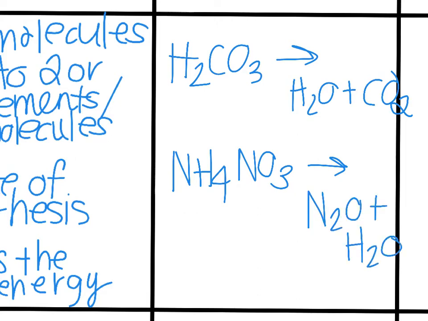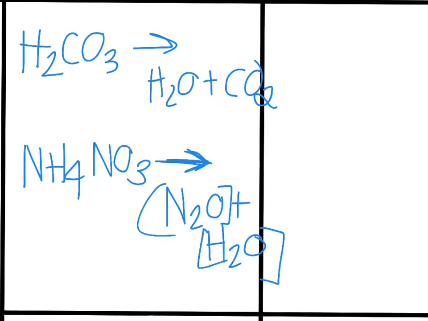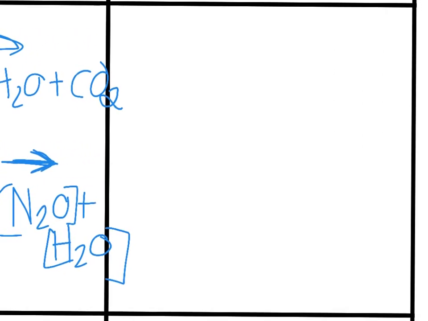So on a test, I wouldn't ask you to figure out the products, but if I give you NH4NO3, the arrow, which means it makes or it becomes NO2 plus H2O, I would hope that you would see that as decomposition because it's a breakdown.